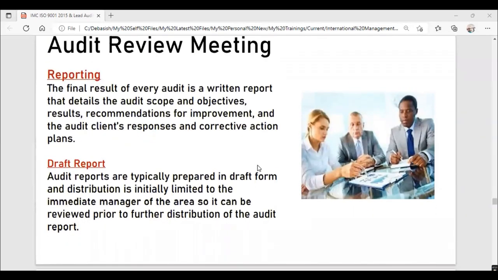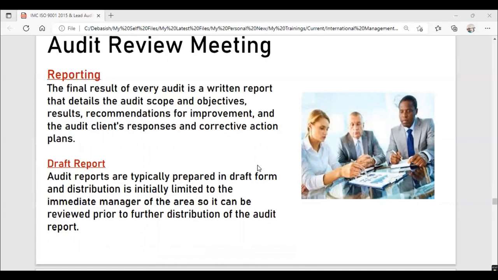Reporting. The final result of every audit is a written report that details the audit scope and objectives, results, recommendations for improvement, and the audit client's responses and corrective actions as planned.